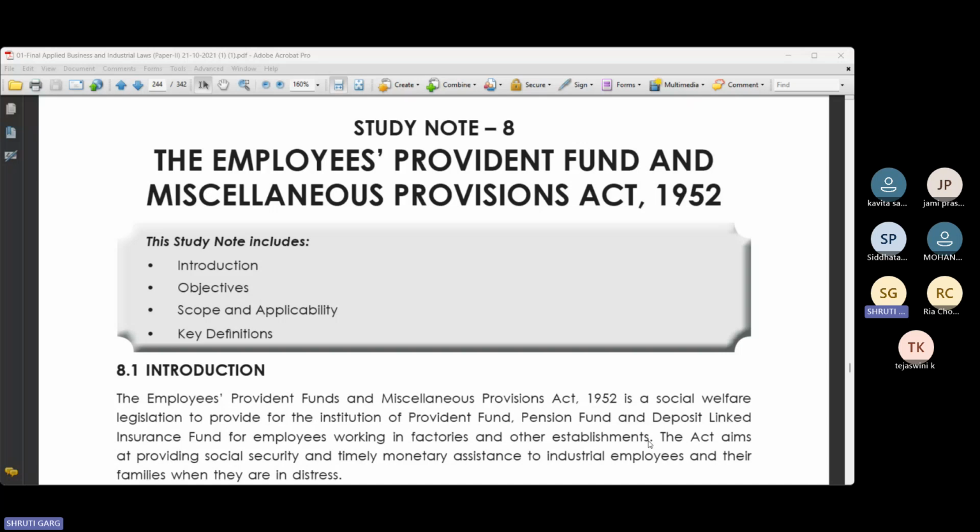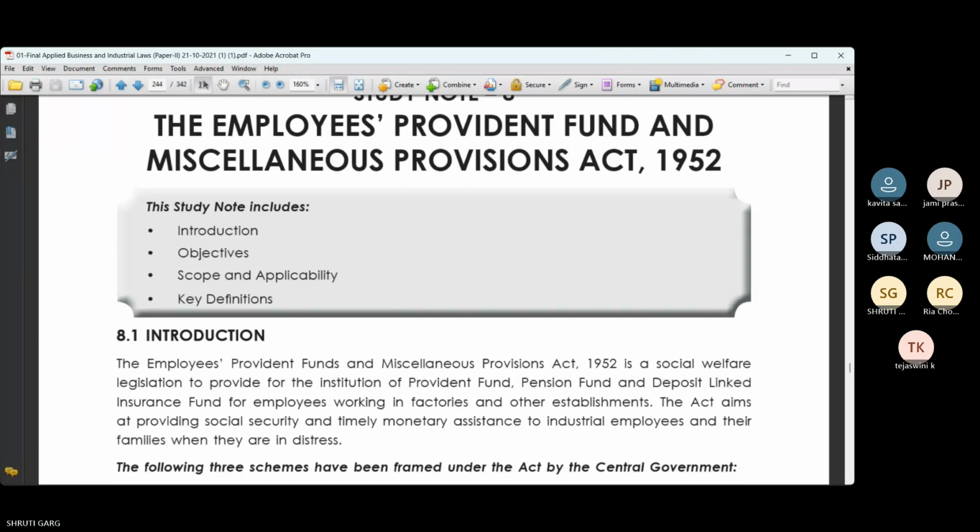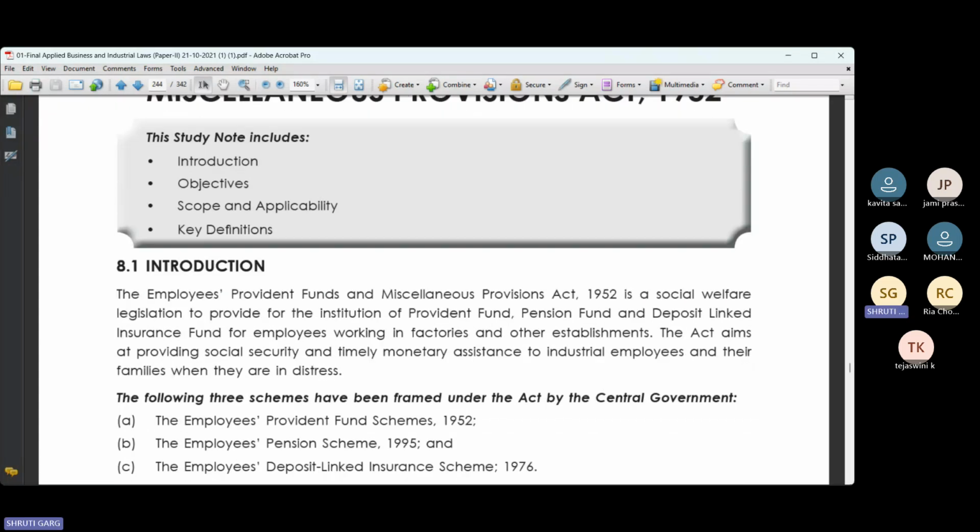Okay, fine. So now let's start the Employees Provident Fund. What is a Provident Fund? Firstly, we have to understand what is the purpose of this act. See, an employee is employed in the organization. He does work for the organization.